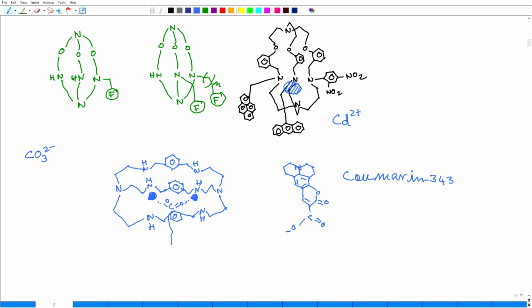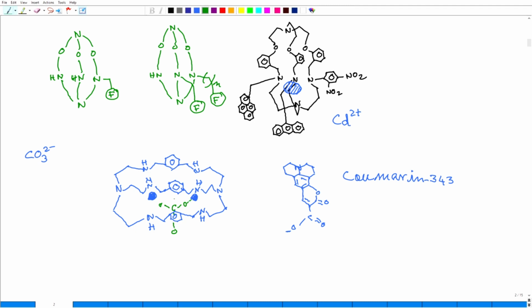But now I put carbonate in the system. Carbonate binds much better than carboxylate, oxygen, oxygen, and then this oxygen.